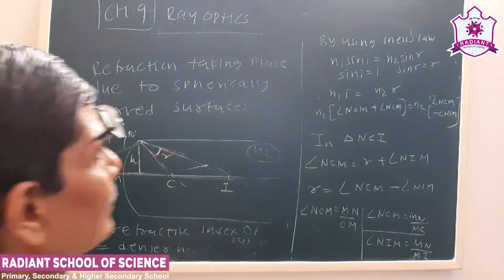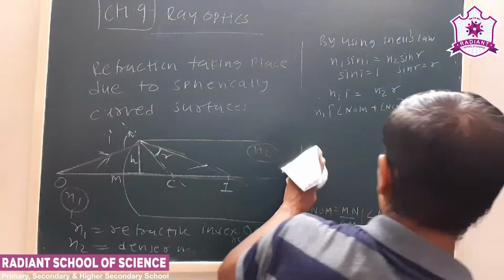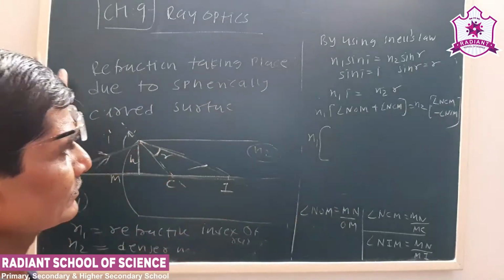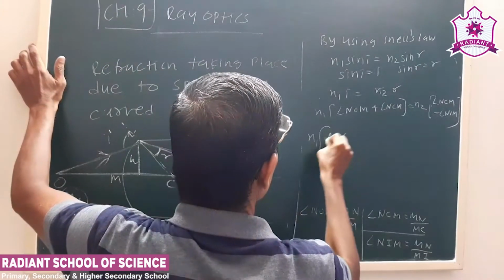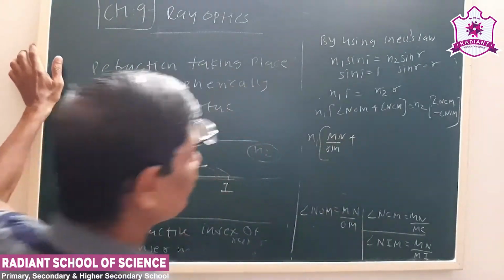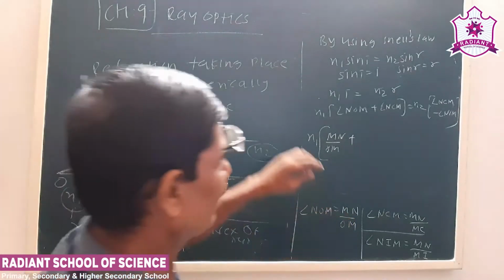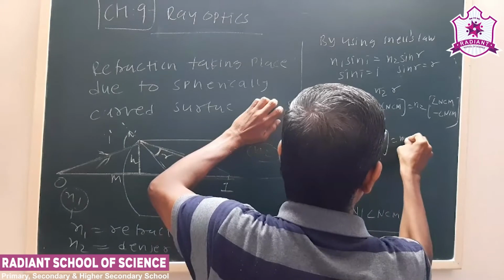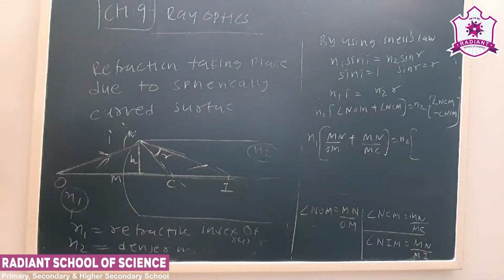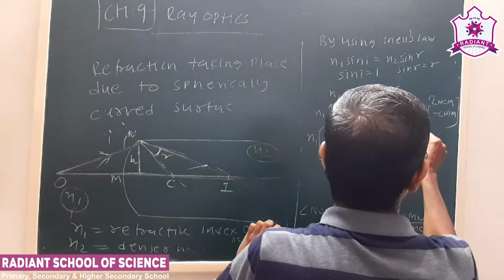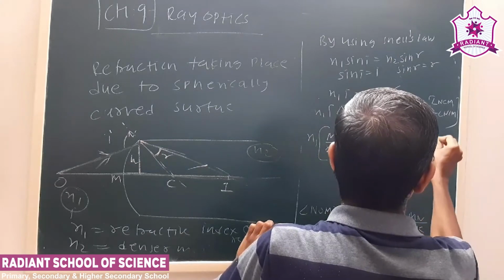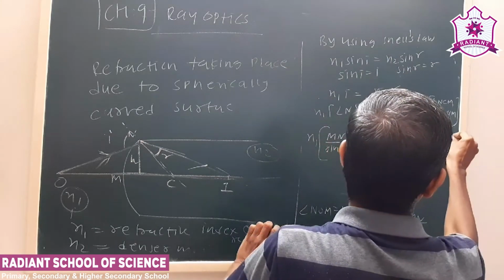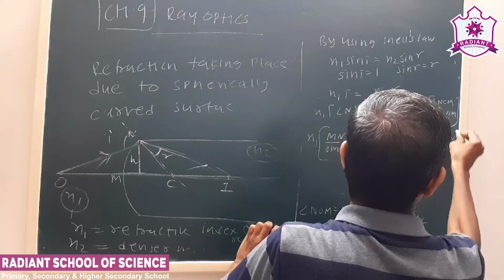Now we substitute the various angles. N1 times, what is NOM? It is MN upon OM. What is NCM? MN upon MC. Equals N2 times, what is NCM again? MN upon MC, minus NIM, which is MN upon MI.